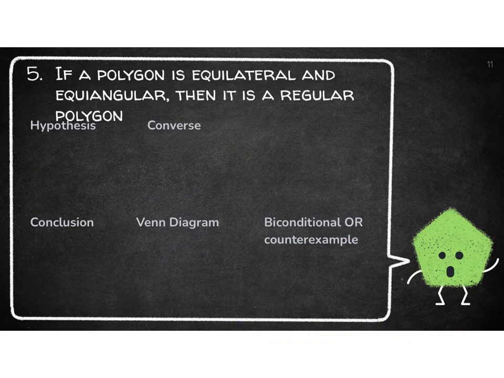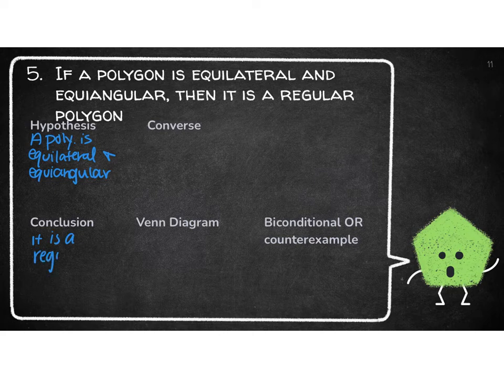Example number 5 says, if a polygon is equilateral and equiangular, then it is a regular polygon. So our hypothesis is a polygon is equilateral and equiangular. The conclusion is it is a regular polygon.